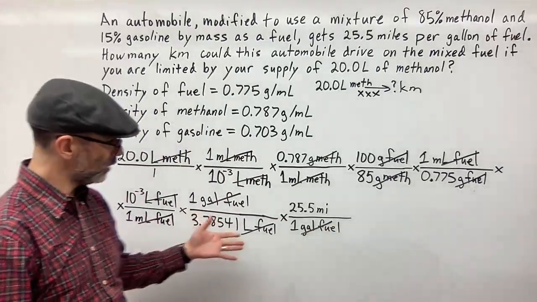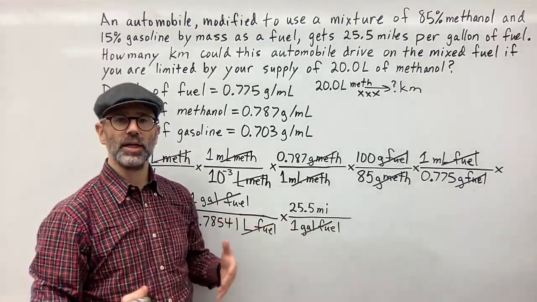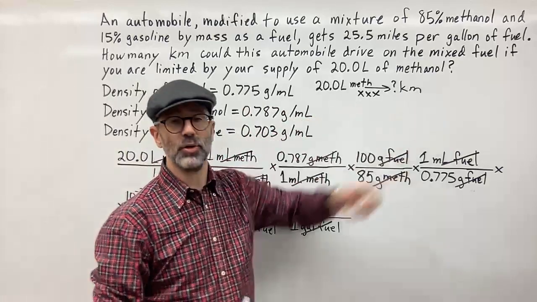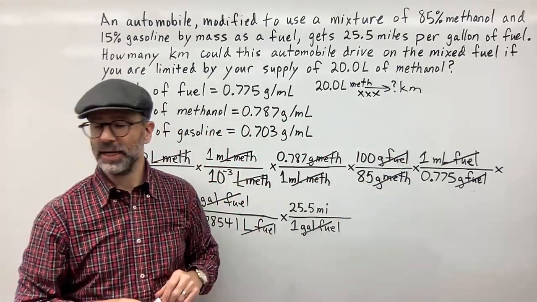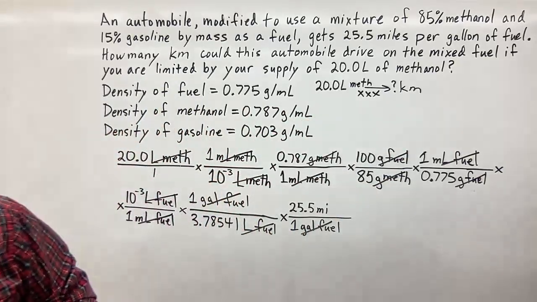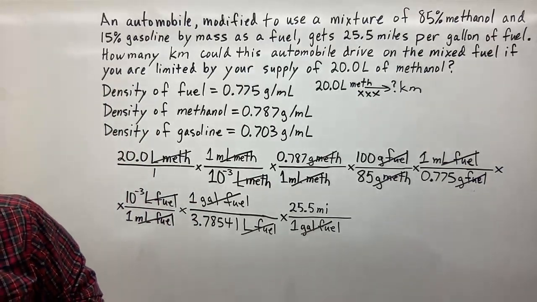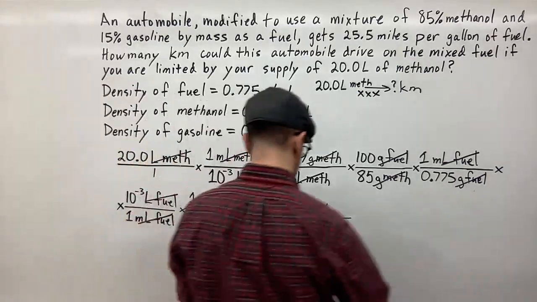Now I have miles, and now I can go to kilometers, which is what they want. So I need a relationship between miles and kilometers. 1 mile is 1.609 kilometers.